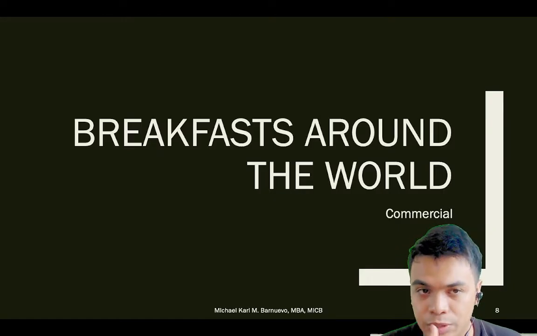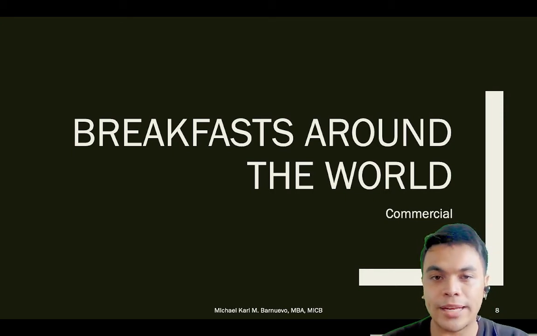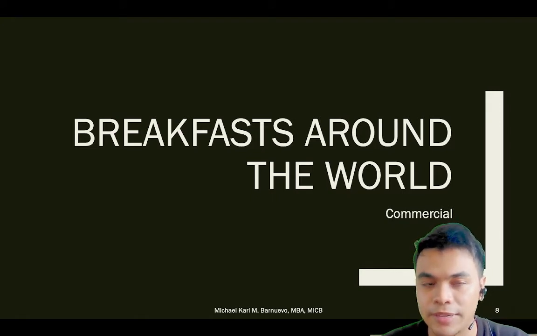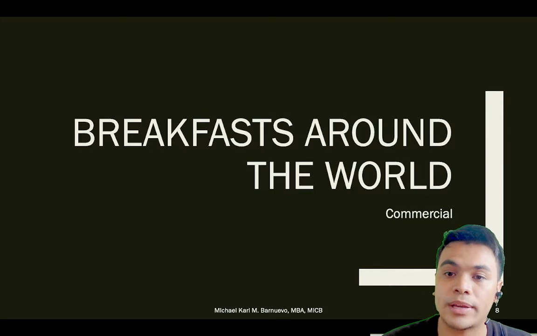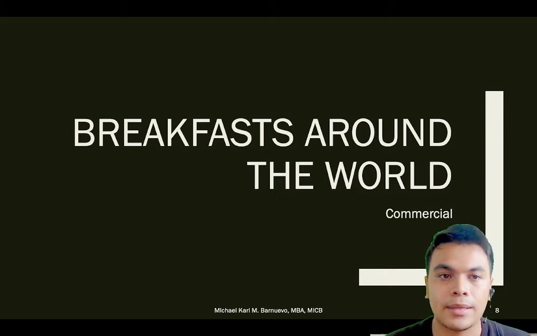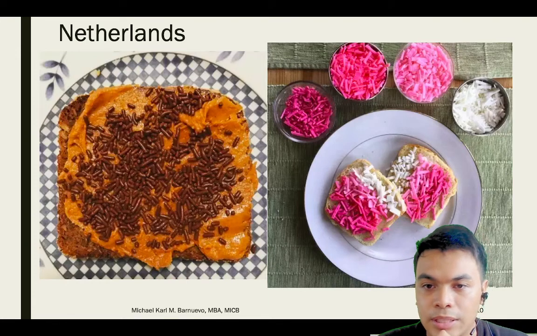Okay. Let me share with you some of the pictures I collected from Google, so we know the difference in preferences of people around the world when it comes to breakfast. In Europe, in the Netherlands, this is their preferred type of breakfast.